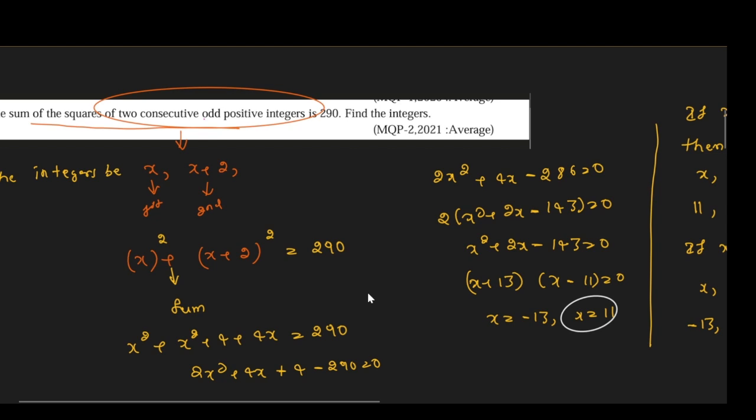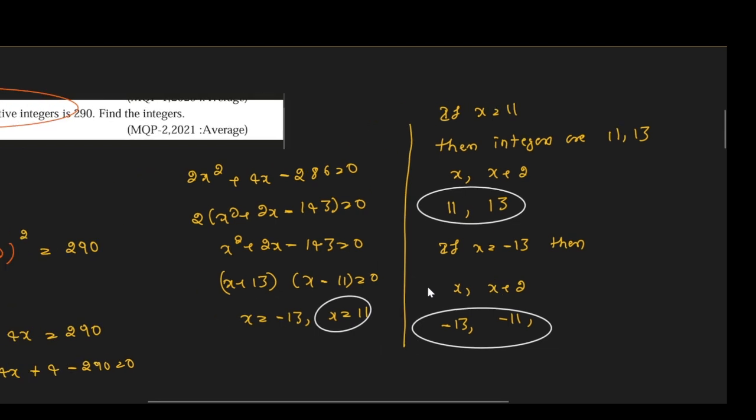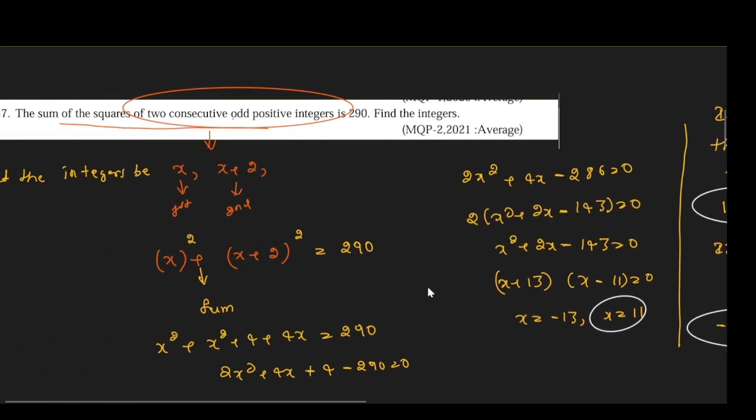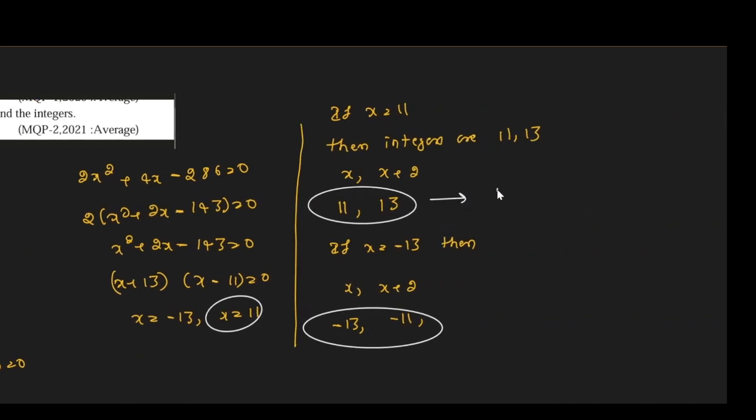No problem, we can keep any one of these as the answer, no issues. Maybe 11 and 13, and minus 13 and minus 11, both are same. See, what is the common thing? The gap between 11 and 13 is 2. Yes, that is fine, and both are odd numbers. You can verify your answers because consecutive odd positive integers, if I continue this series, what will happen? 11, 13, 15.